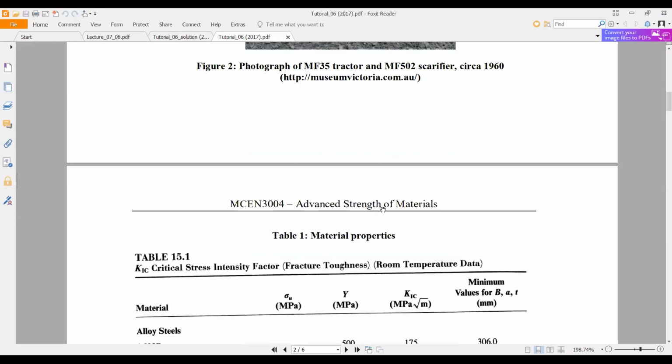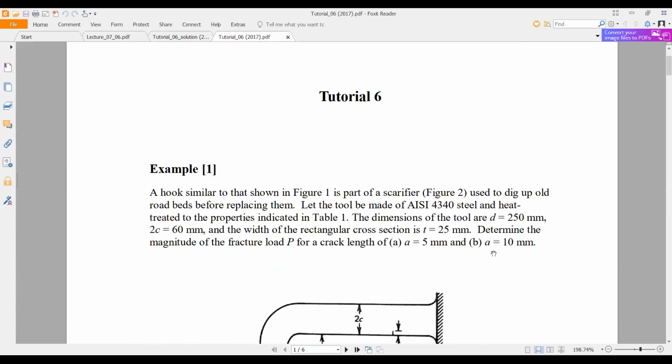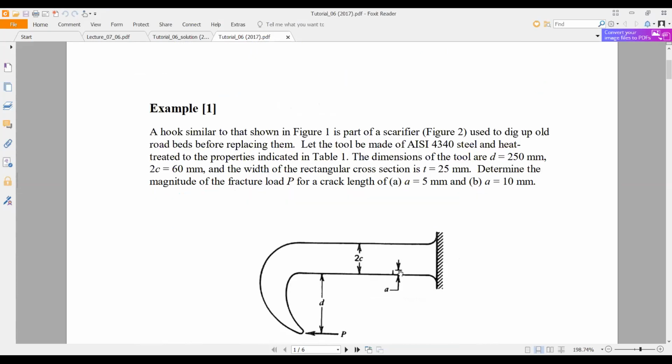As I told you, you need to find the KIC from this table. The dimensions of the tool are D values. D means this distance, and 2C is the width or diameter, and the width of the rectangle. This is a rectangle, so the width of the rectangle cross-section T is 25 millimeter.